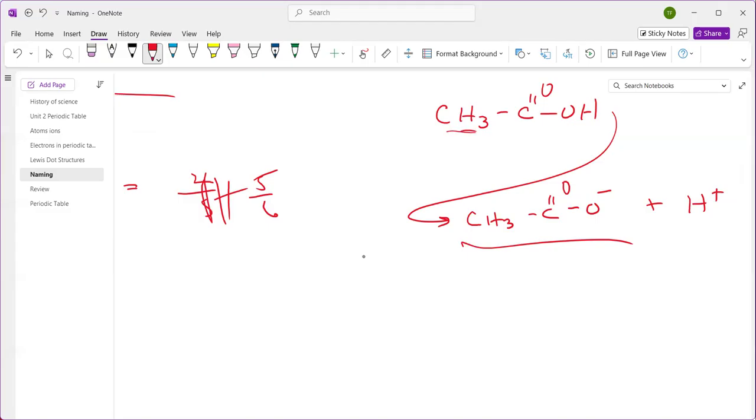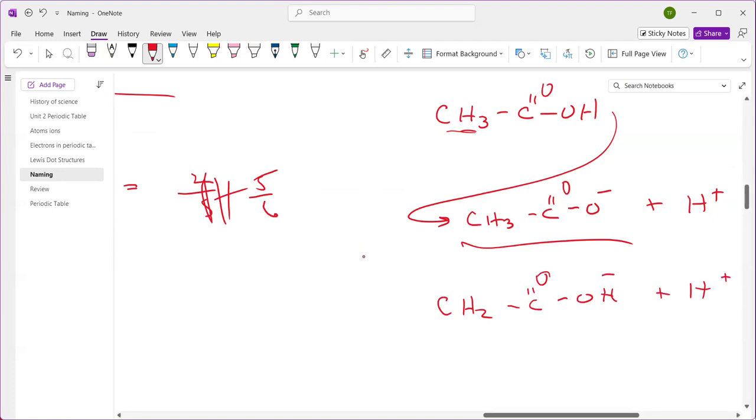If one of these comes off, you're going to end up with this, which is very unstable, so it doesn't happen. And the opposite of an acid is a base. That's when OH comes off as a negative.